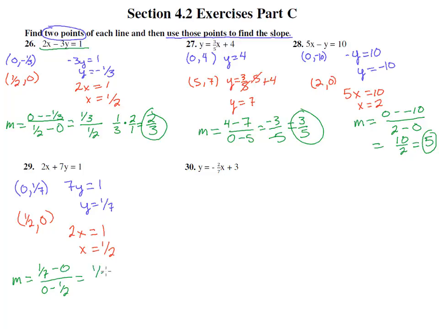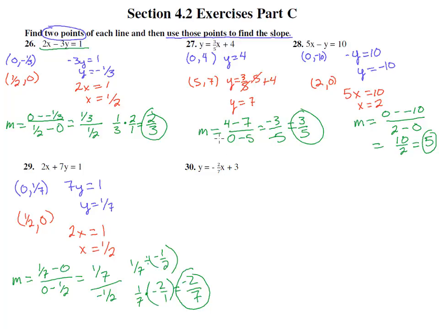So we get 1/7 divided by negative 1/2, which is the same as 1/7 times negative 2 over 1, which equals 1 times negative 2 is a negative 2, 7 times 1, negative 2/7. Good. There's a slope there.